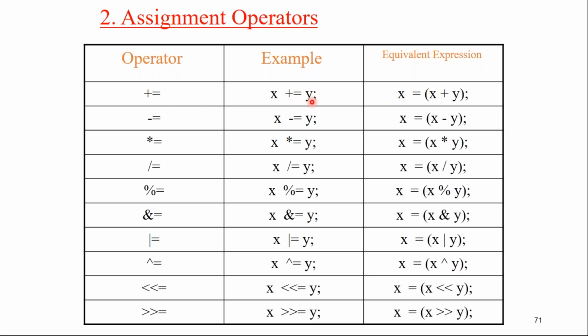X plus equal to y can be used like this, and this way of using the operator with two variables is equivalent to the expression x equal to x plus y. So the expression can be written like this. Now we will see an example so that you can understand more clearly.